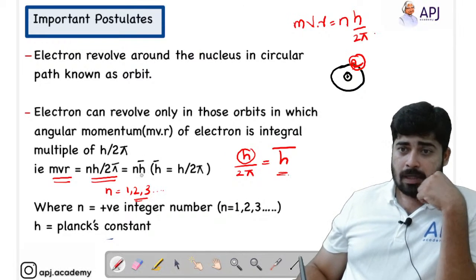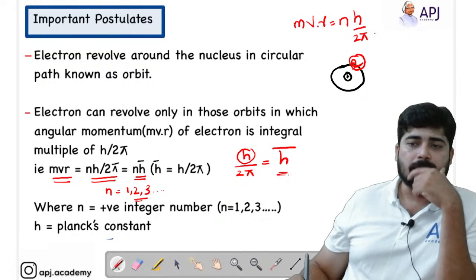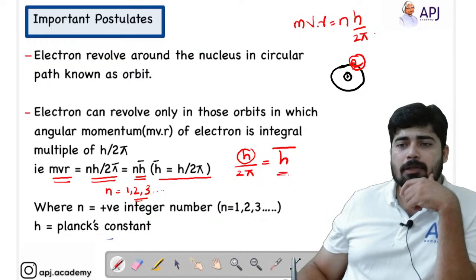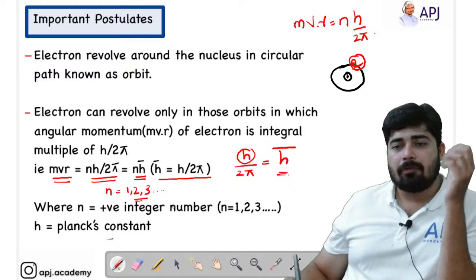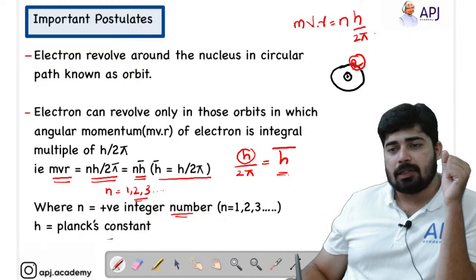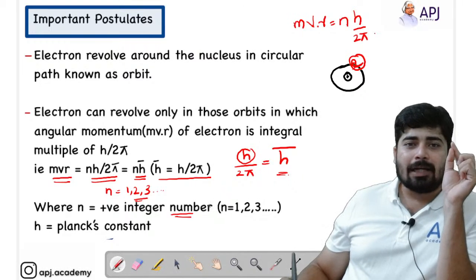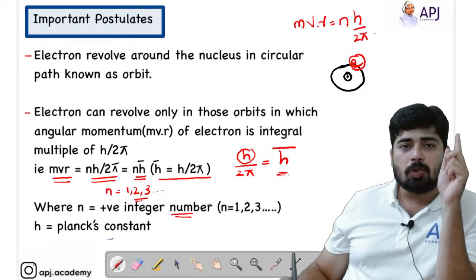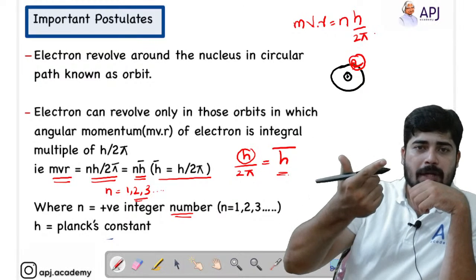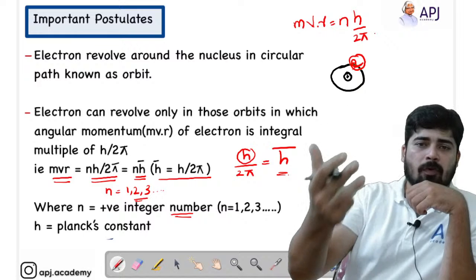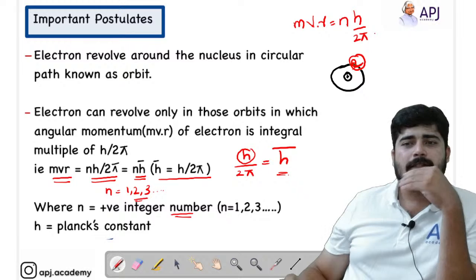So I can rewrite the formula as MVR is equal to n into h bar, where h bar is equal to h by 2 pi, and n should be a positive integer, that is 1, 2, 3, etc. So the electron only revolves around those orbits which have an angular momentum of h by 2 pi, 2h by 2 pi, 3h by 2 pi, 4h by 2 pi, 5h by 2 pi, like that it goes. Hope this is clear, students.